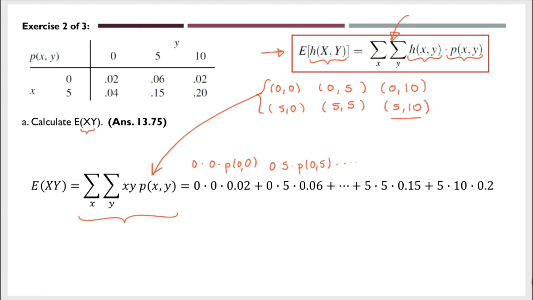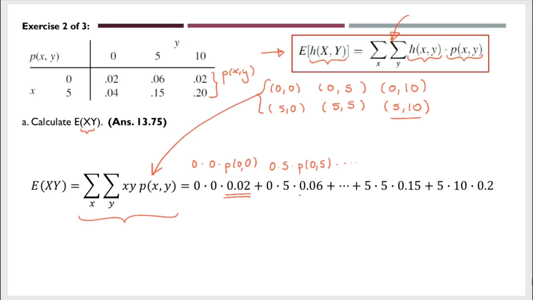So now where you have p(0,0), you now need to get the probability from your table. So remember all the probabilities inside the table in there. These are all p(x,y) values. So if you want 0, 0, then you need to go to where x is equal to 0 and y is equal to 0. So that'll give you your 0.02. And then from there, you need to do it now for every single pair.